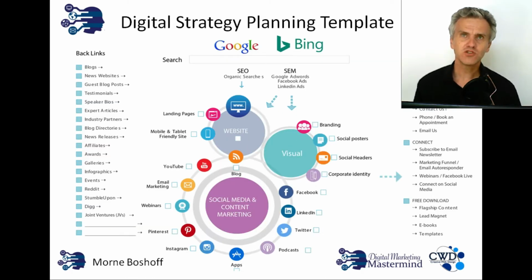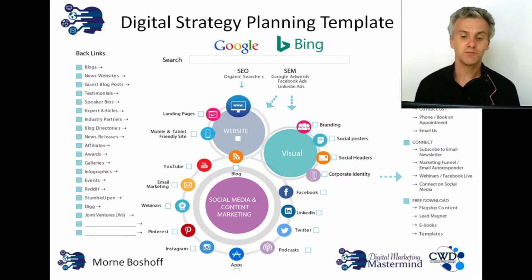Now, when you start off with a digital strategy, it can be quite overwhelming because all the technology is changing at such a rapid rate, and there are so many terms available at the moment. Things such as search engines, you've got Google, you've got Bing, you've got terms like SEO and SEM.